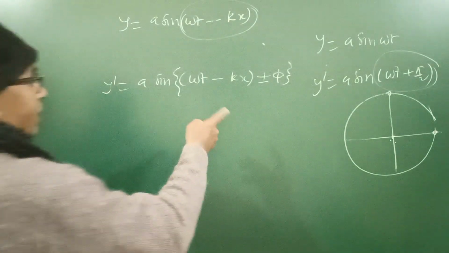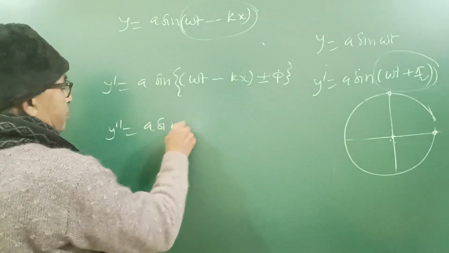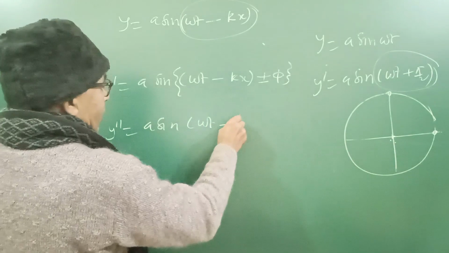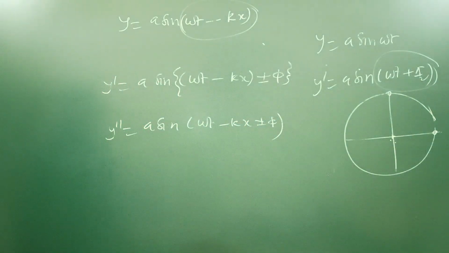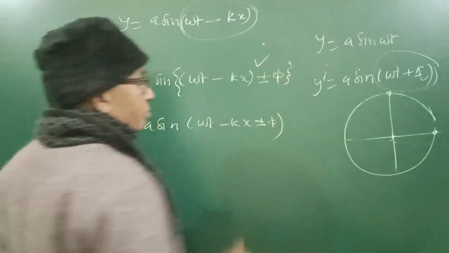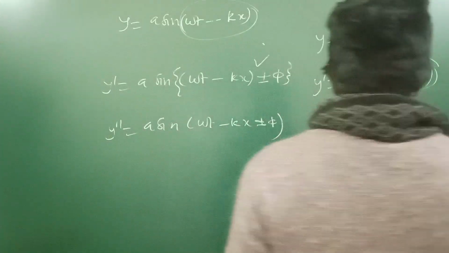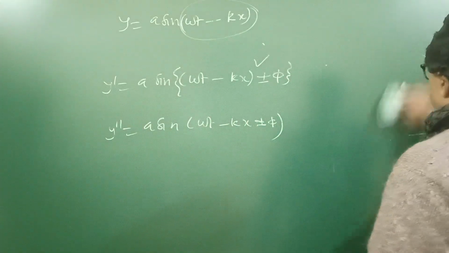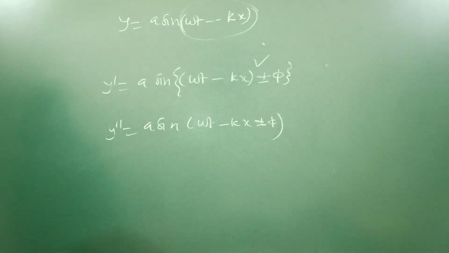Some people may write it like this also, y double dash equal to a sine omega t minus kx plus minus phi. We will discuss it later while telling you about progressive or stationary wave. So this was all about repetition or revision of the equation of simple harmonic progressive wave.